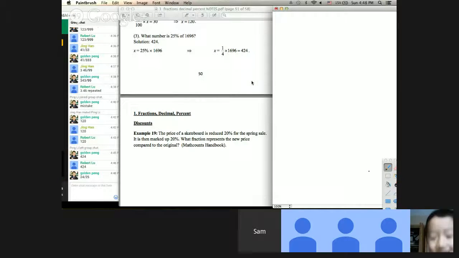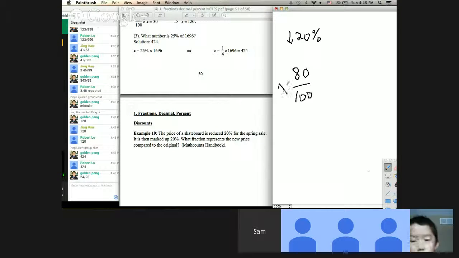All right, let me give you guys a little hint. When you reduce it by 20%, so it goes down 20%, that basically means it's now 80% of the original price. And then if you mark it up by 20%, what it actually means is now 120% of the original price. I hope that makes sense.